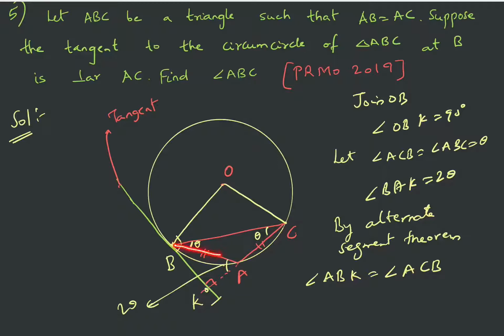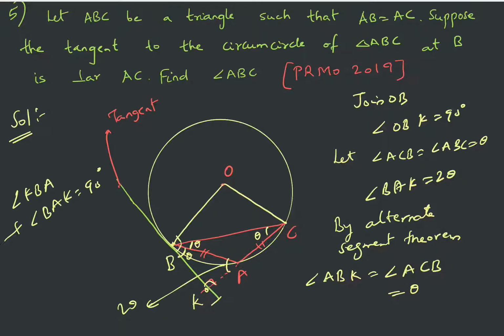The angle made by the chord with the tangent at the point of contact is equal to the angle subtended by the chord in the alternate segment. So this is equal to theta. So this angle is theta and this angle is 2 theta. So now clearly angle KBA plus angle BAK should be 90, right?